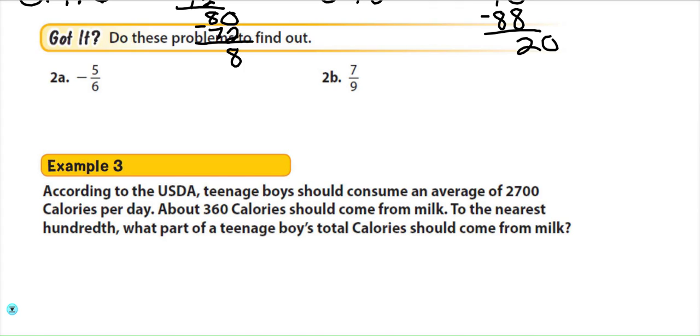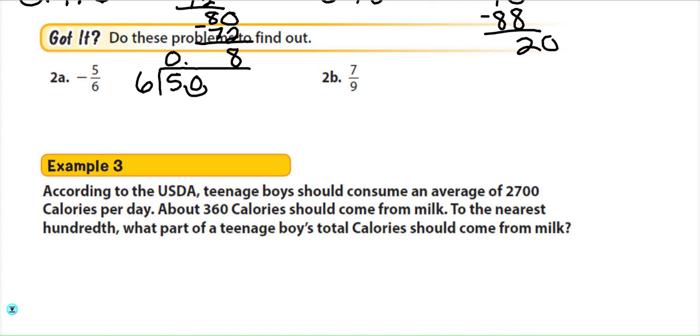All right, let's take a look. So we have negative 5/6. So for this one, we would do 5 divided by 6. And I hope that didn't mess me up by getting over that far, but that's okay. We'll figure it out here in a minute. Okay, so we have 0. Let's see, 6 goes into 50.